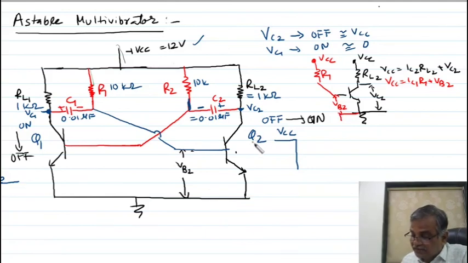So when this is in saturation, in an on condition, VCC is equal to IC2 RL2 plus VC2, and VCC is equal to IB R1 plus VB2. You can see this diagram here, this is your Q2.